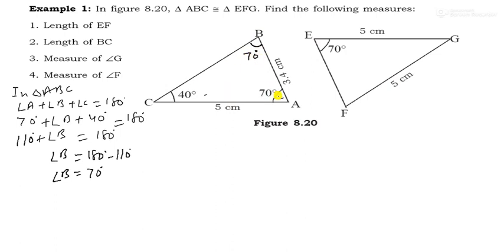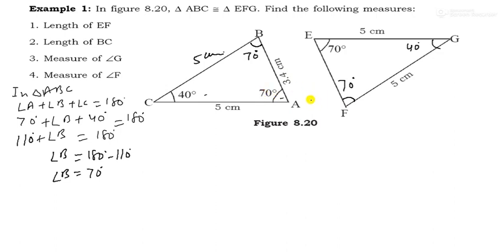Both the angles are the same, so that one is also 5 centimeter. It's an isosceles triangle. In this figure, you can see both are the same, so they have the same angle, that is 70 degrees and the remaining is 40 degrees. So in this figure you can find all these terms.